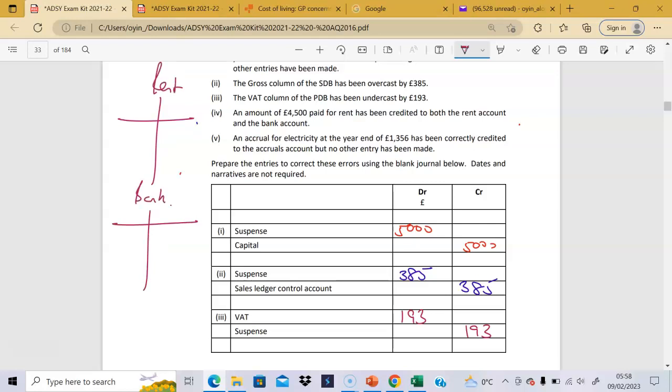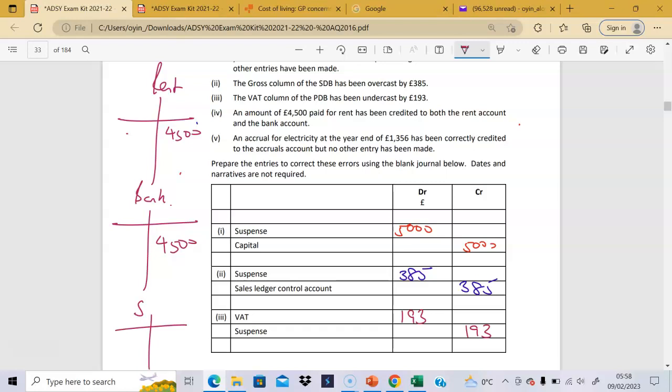Rent and bank, and the question says that amount of 4,500. So technically you should really debit the rent account 4,500 and credit bank, but somehow you have credited both the rent account and the bank account. So you definitely get a difference. So your suspense account, imagine this is your suspense account, there's a difference in there.